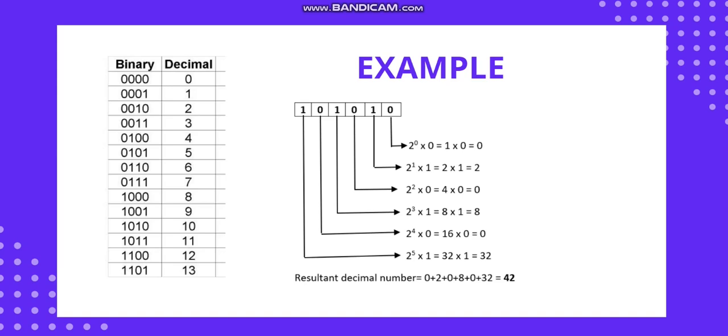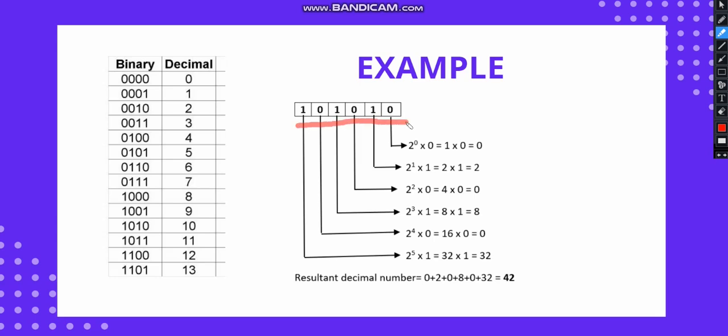What we have to do is, as I said in the definition, calculate a decimal number by multiplying every digit of the binary number with 2 to the power of 0 to n minus 1. As you can see in this example, we have the binary number 101010.